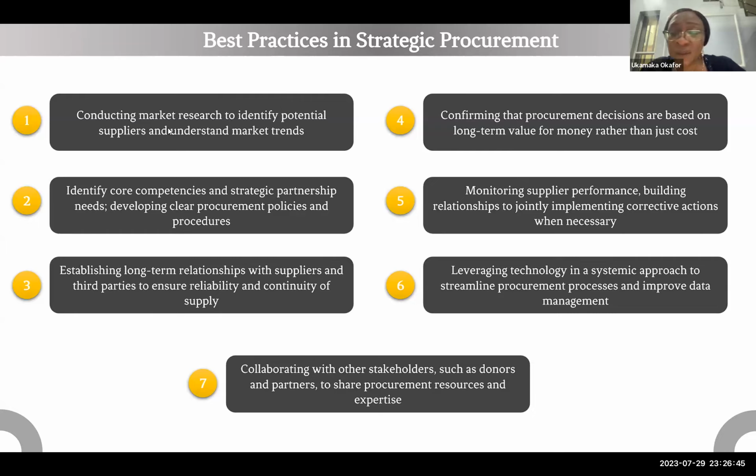Another best practice is monitoring supplier performance and building relationships to jointly implement corrective actions when necessary. So they have to be monitoring the performance of their suppliers together, and also to evaluate what they are doing. And it is when they get all these feedbacks that they can use them to correct the actions.